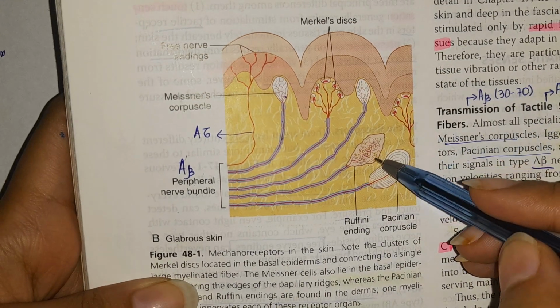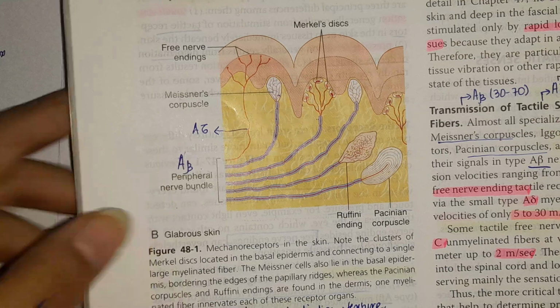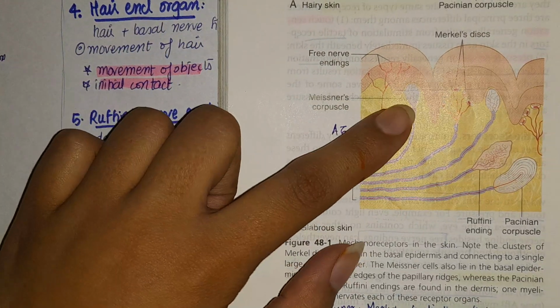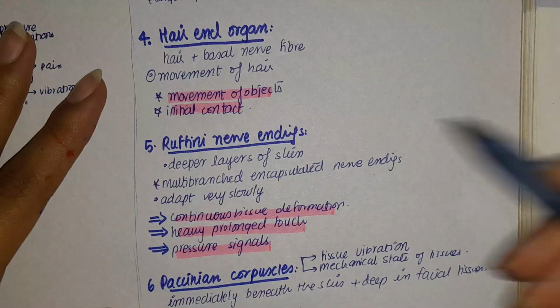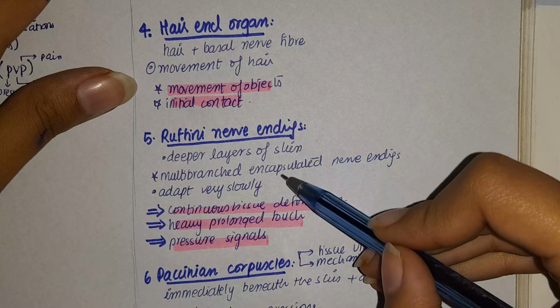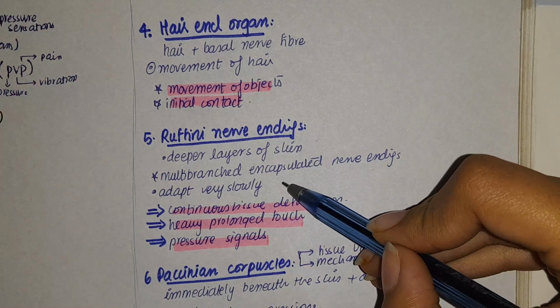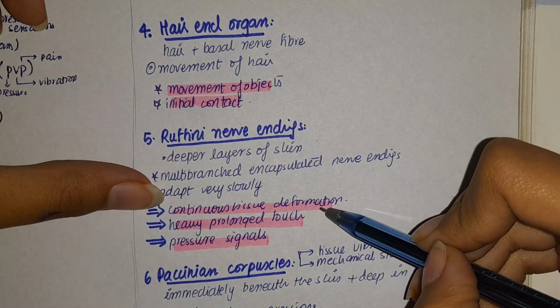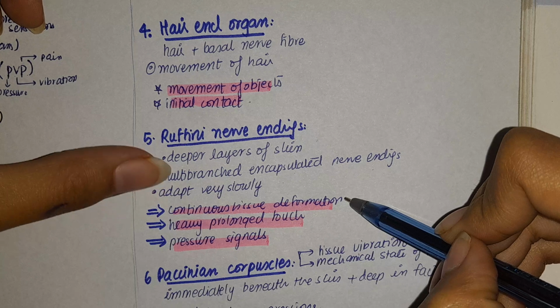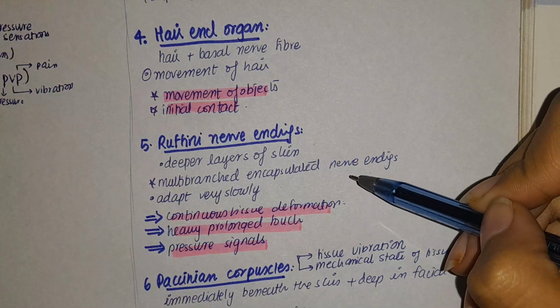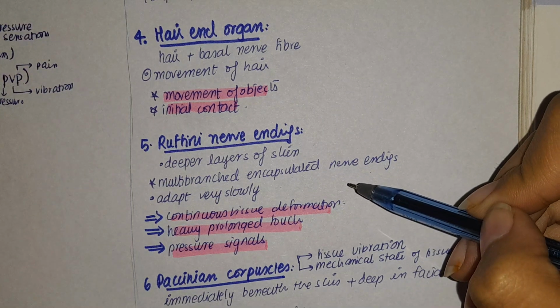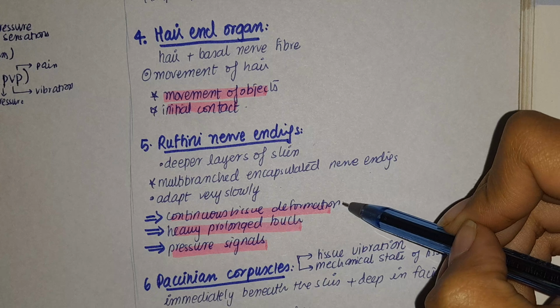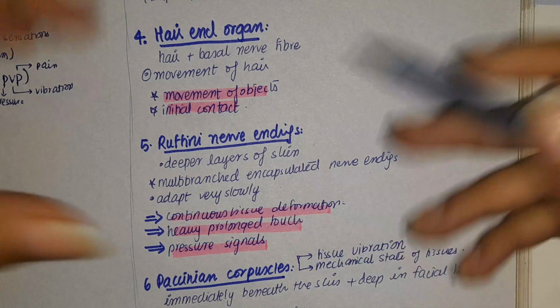But it is present deeper in the skin, whereas Meissner corpuscle is present superficially. Now this Ruffini nerve ending adapts very slowly, so it is involved in continuous deformation. Anything that adapts slowly is going to detect any continuous signal: continuous deformation, heavy prolonged touch or pressure signals.